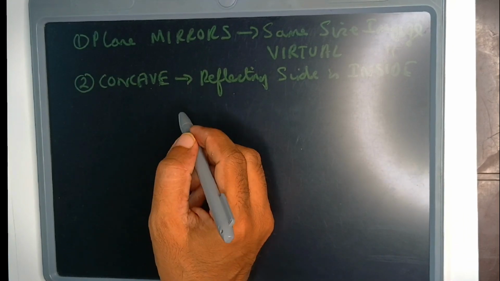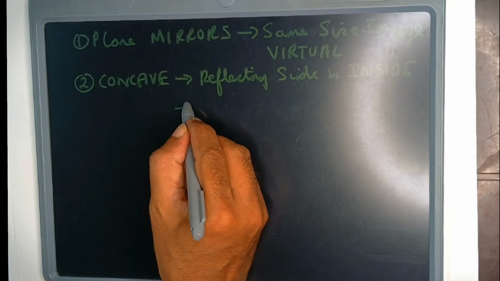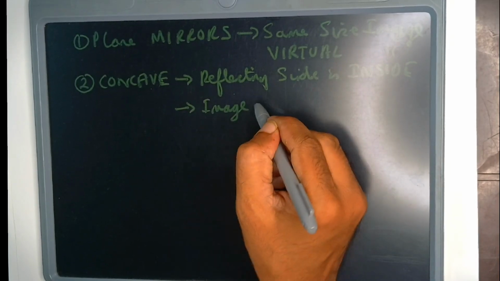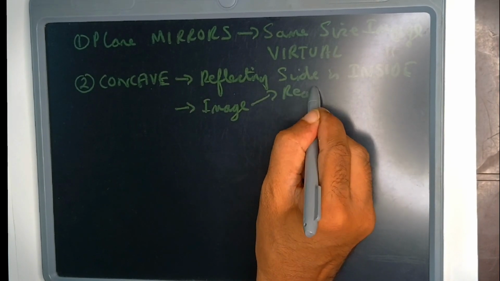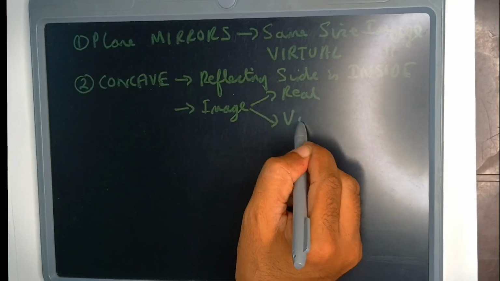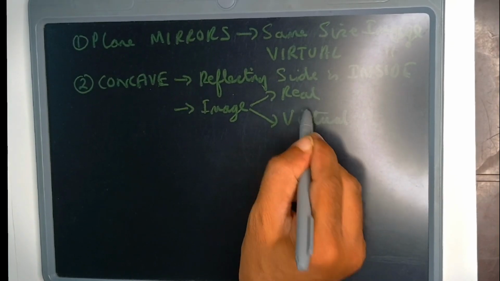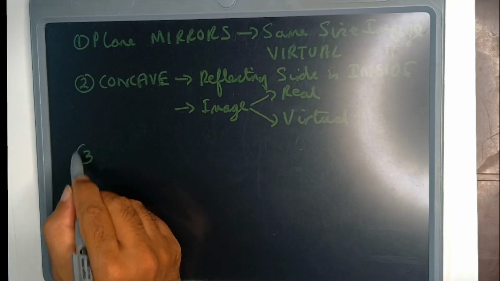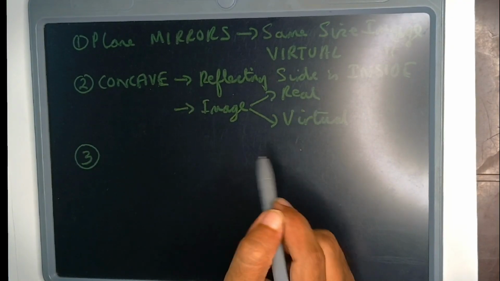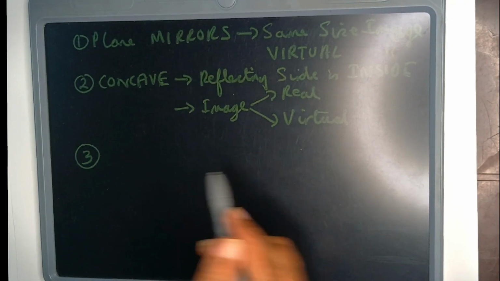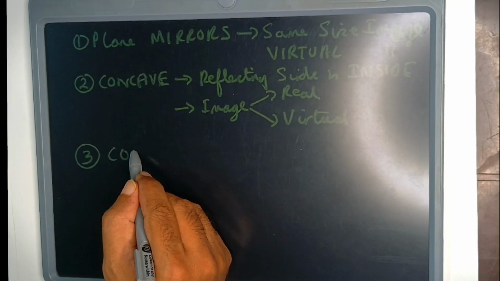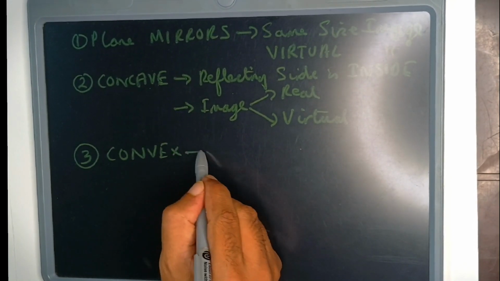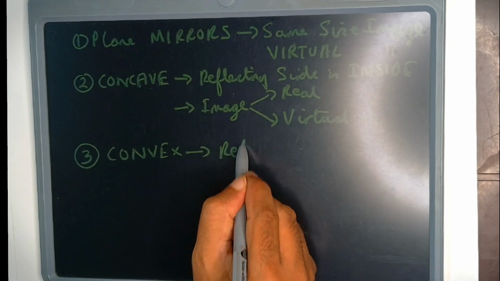In a concave mirror, just to give it in brief, images can be either real or virtual. We are going to see this in the subsequent sessions in more detail about real and virtual images and how they are formed. And then we saw convex, reflecting on the outer side.